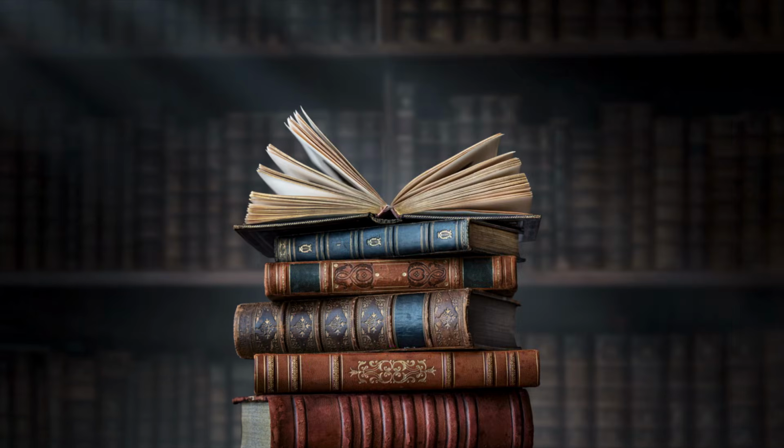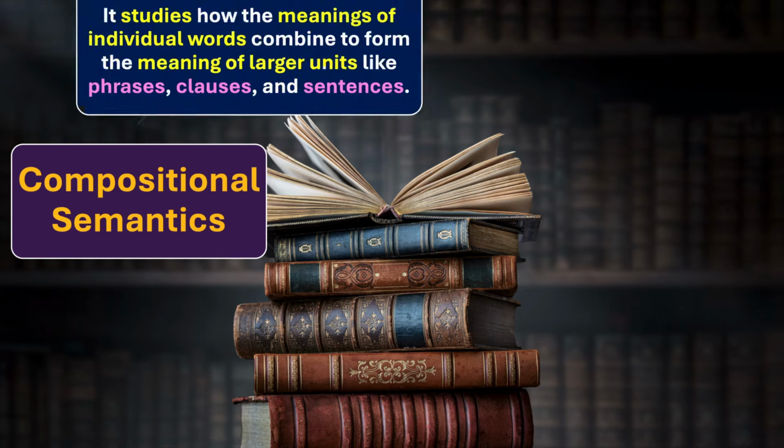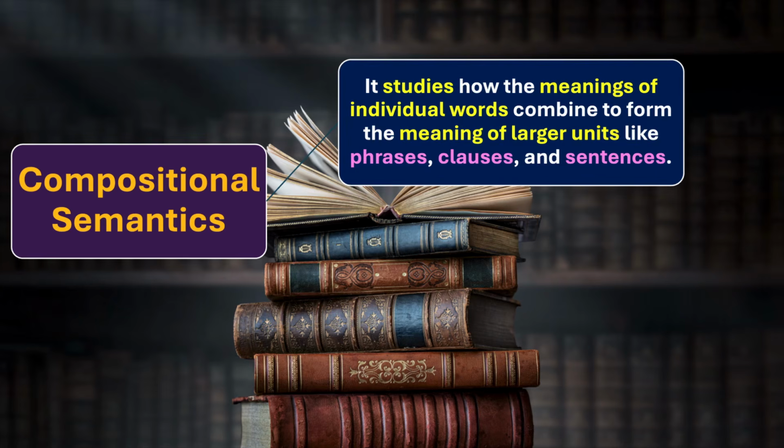Now we move on to the next stage of our discussion, that is compositional semantics, because here we are talking about types of semantics. The first one we have already talked about, lexical semantics, and the second one is compositional semantics. What is this? It studies how the meanings of individual words combine to form the meaning of larger units like phrases, clauses, and sentences.